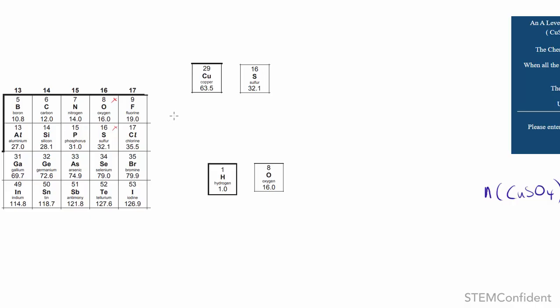So this is the molar mass of copper sulfate, CuSO₄, right? That's going to be 63.5, the relative atomic mass for the copper, plus the relative atomic mass for the sulfur, 32.1, plus O₄, so 4 times the relative atomic mass of oxygen, so 4 times 16, right?